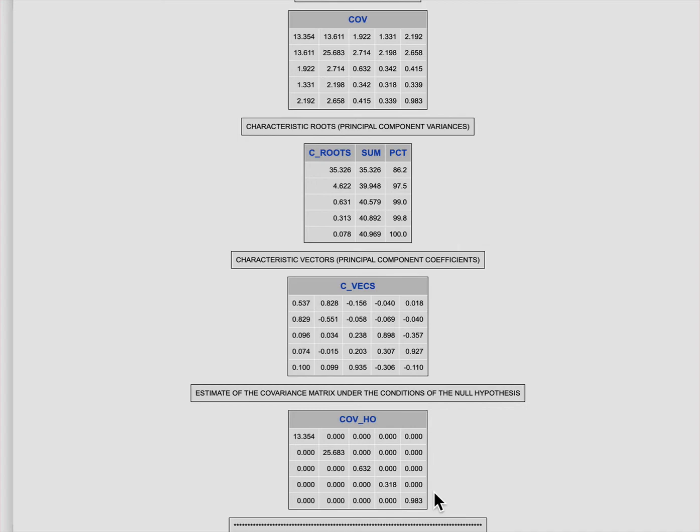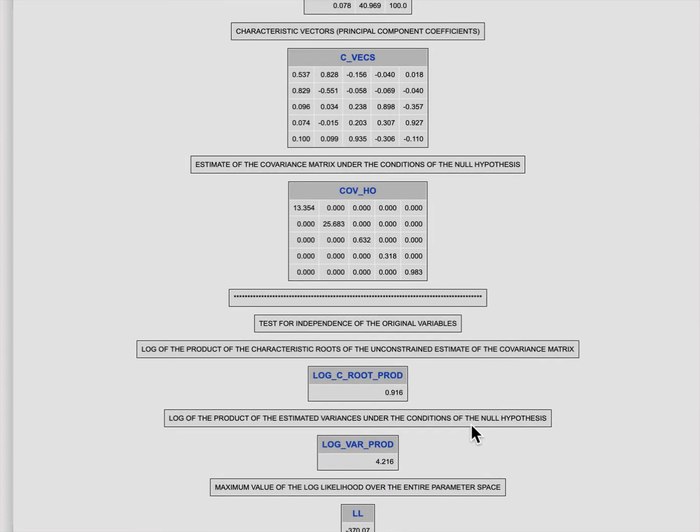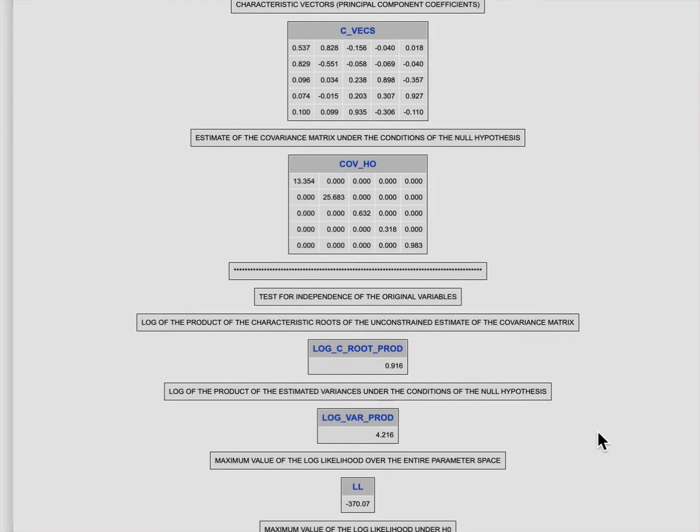That will always be the case, and that is why we can use those values from the output of PROC PRINCOMP, even though technically it's not imposing the constraint of the null hypothesis on estimating those variances.